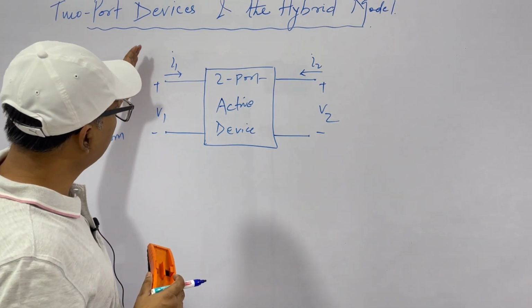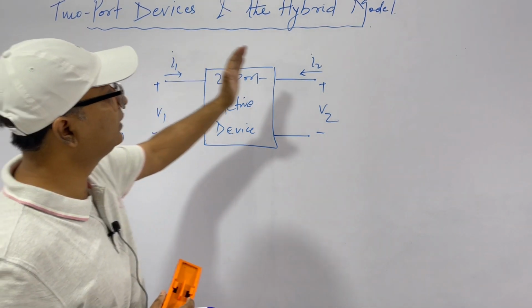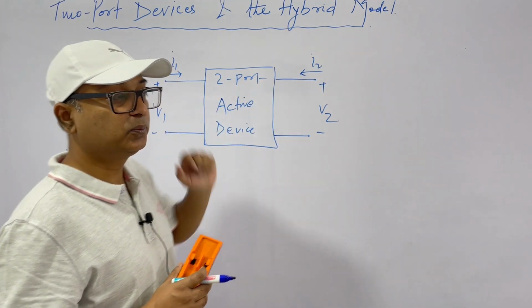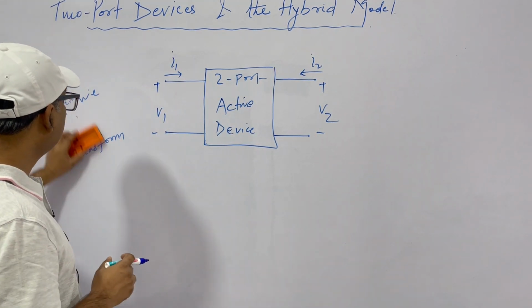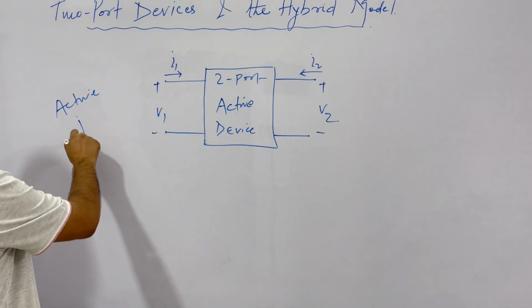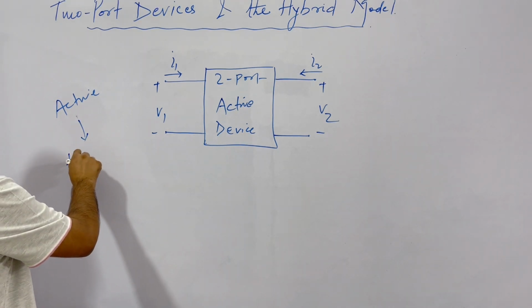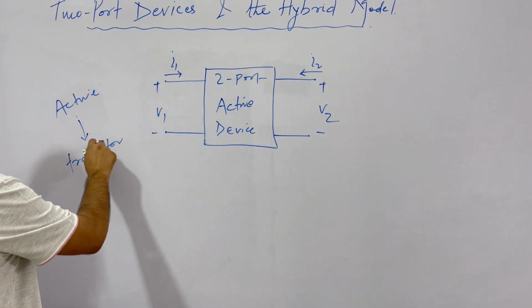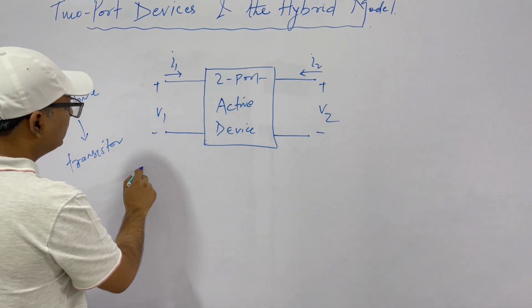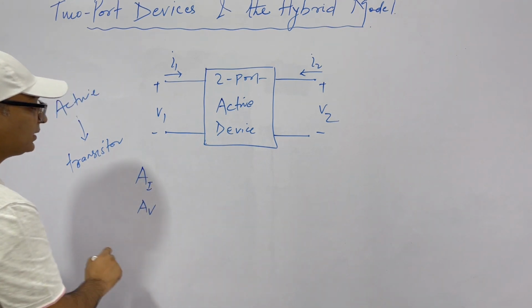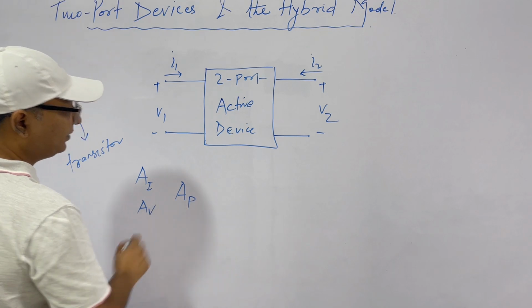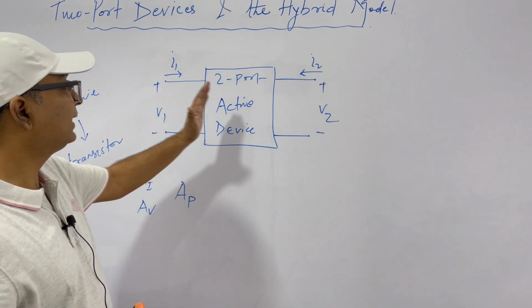If you have high voltage and low current here, you will get low voltage and high current in the output side, step up, step down and all. Similarly, transistor is an active device. Why? Because we are able to get current amplification, voltage amplification, and power amplification. So it is an active device.